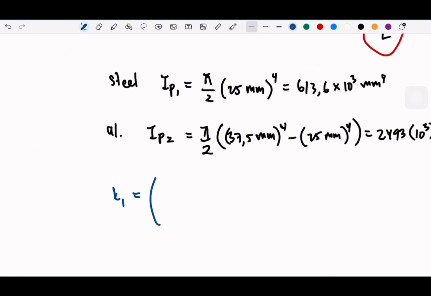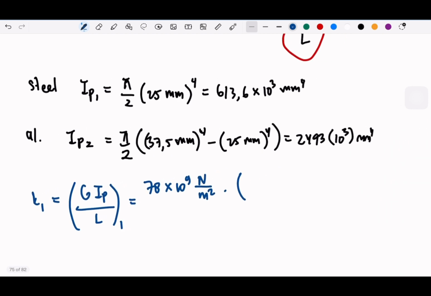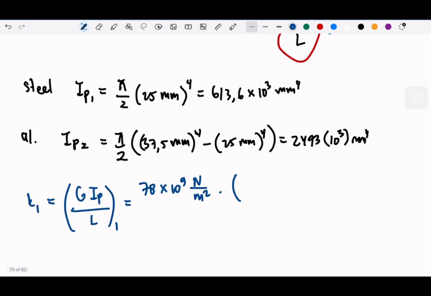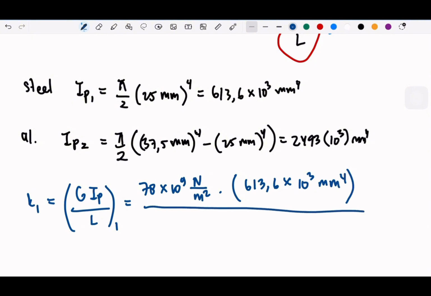K1, you can write 1. So G for steel is 78 GPa. GPa is basically with power of 9, multiplied with the inertia. Or if you want to make it the same, maybe this is 10 to the power of 6 and this is millimeter squared.